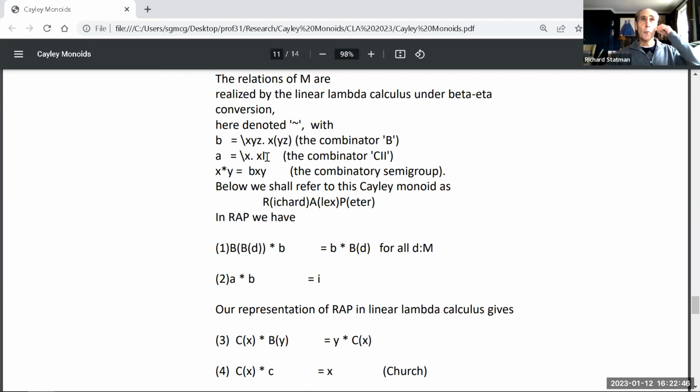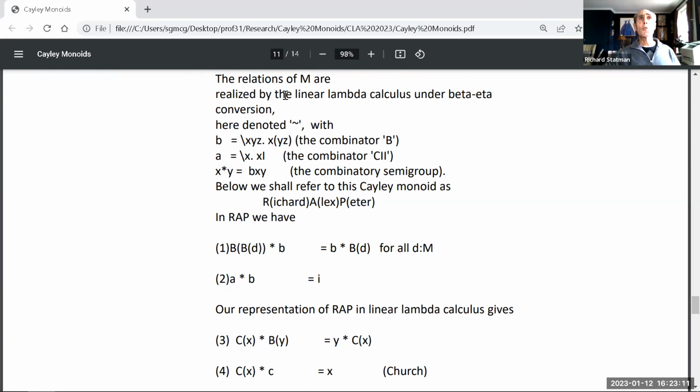It's a left inverse for B under eta conversion. Everything I say here is going to be using eta conversion. Comes quite naturally here. The semigroup operation is application of B.